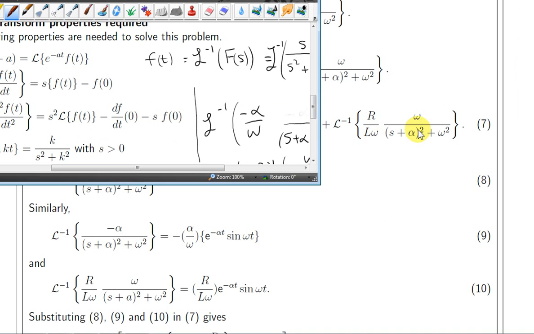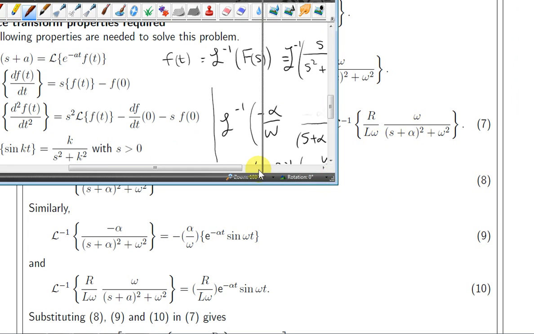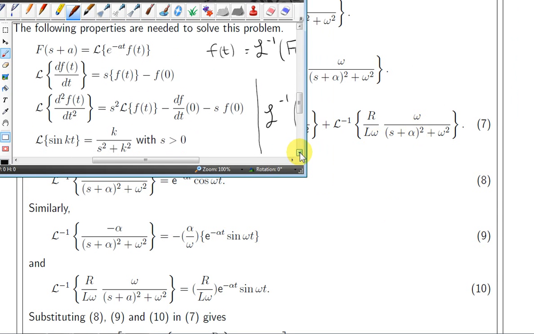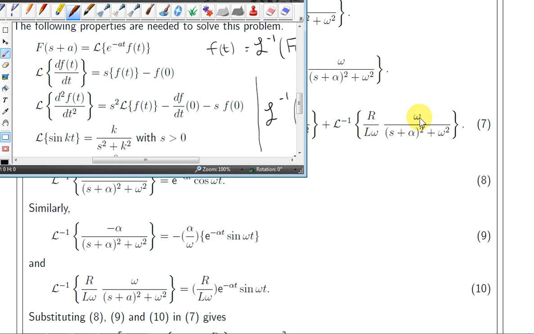Finally, we have this fraction here. Well, we can see that we use this rule here. It's got the form k over s squared plus k squared, where k is equal to omega. And s has been shifted by an amount alpha, so we need to use the shift theorem.